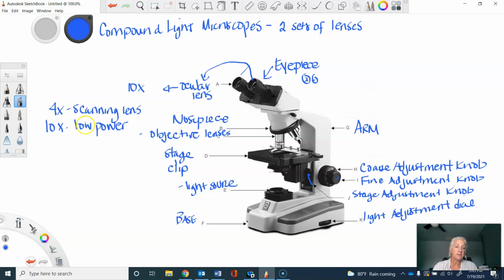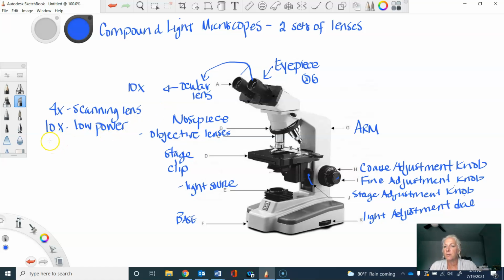When you move to the 10x lens, you're getting a little bit closer to the thing you're looking at. So your field of view is going to be closer to the thing, and you're going to see more stuff, and you're going to see the stuff better.